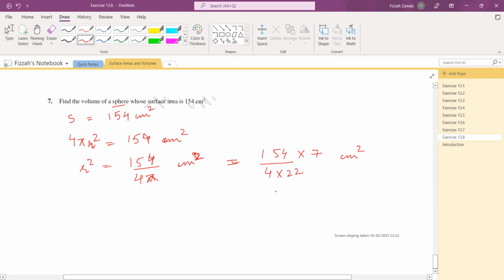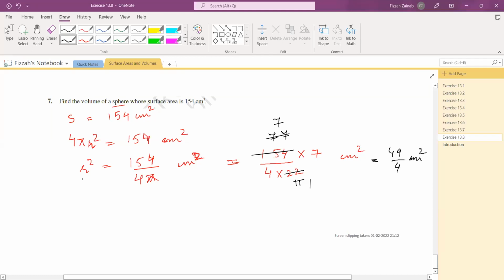Now, can we simplify it a little bit here itself? The 2 into 11 and then 2 into 7 is 14 and then again 7. So 11 and then 7, right? So I've got 7 into 7, 49 divided by 4 centimeter square, right?